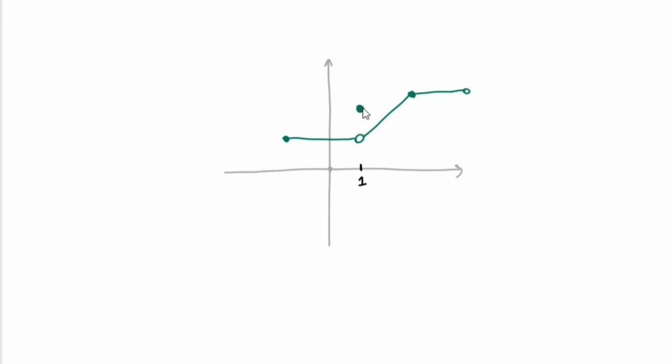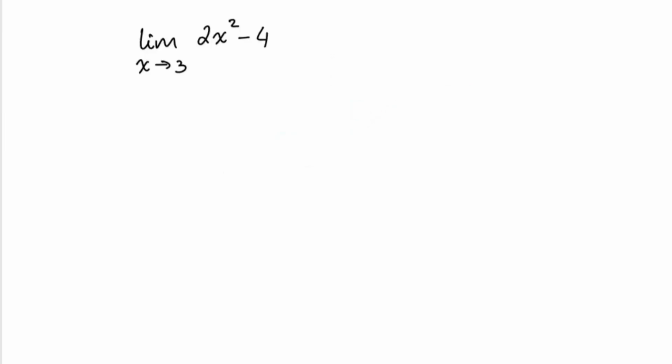Let's see what it looks like algebraically. Consider the following function, 2x squared minus 4. We want to determine the limit the function takes on as x approaches 3. In order for us to find the limit as x approaches 3, all we need to do is substitute the value of 3 in for x in the function equation and evaluate it.